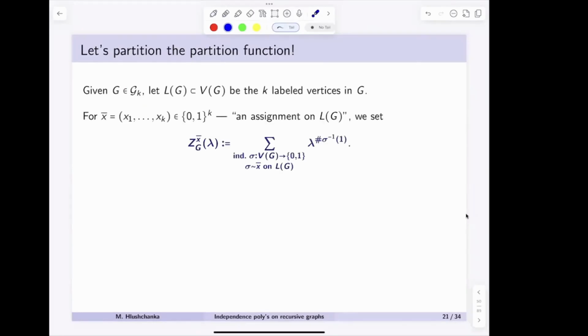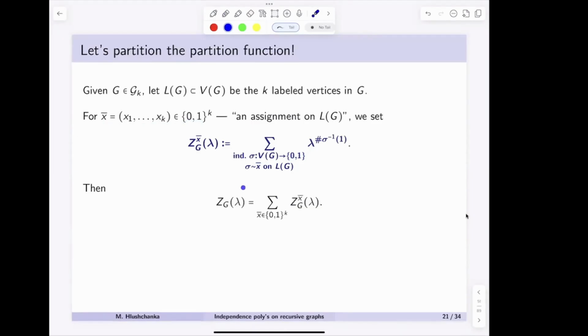And then for any vertex assignment on this labeled set L of G, each such assignment I could think of as being just some binary k-tuple. I could look at the subpartition function which corresponds to those independent vertex assignments that agree with the chosen assignment on L of G. So basically, I sum up only those vertex assignments sigma which get exactly this assignment on the labeled vertices.